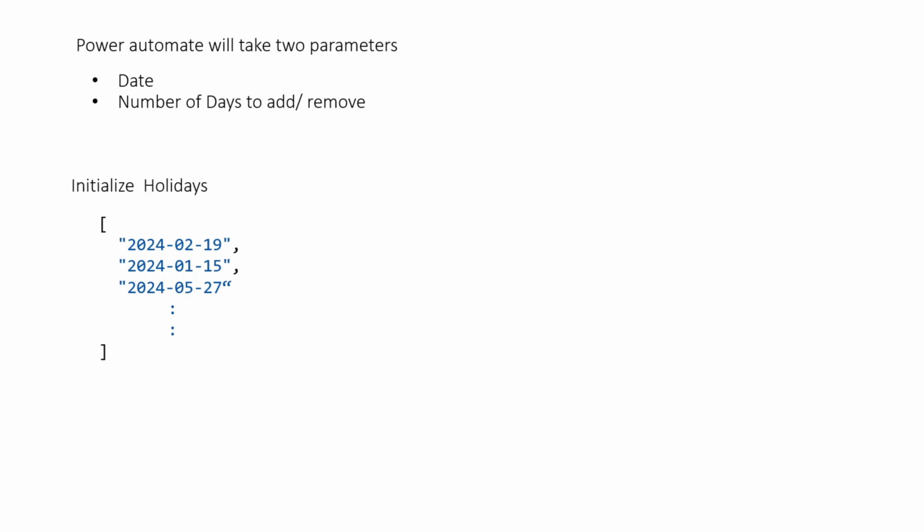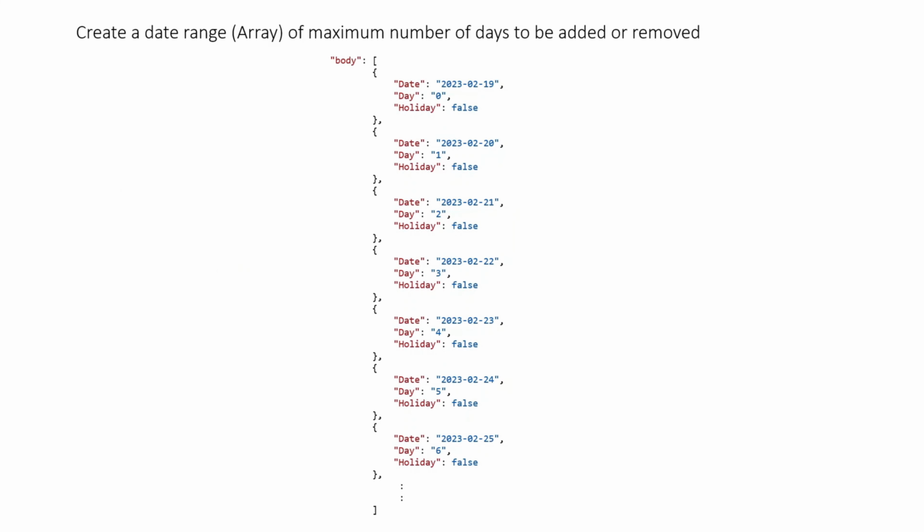Once I have this array set up, I'm going to create a date range, or I would say an array of dates, which will include all dates from 1 year in the past from my given date to the next 1 year from my given date.